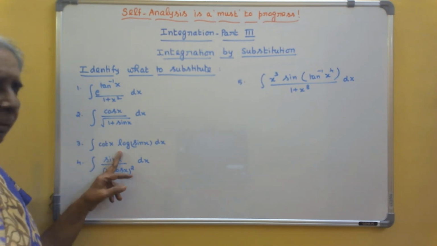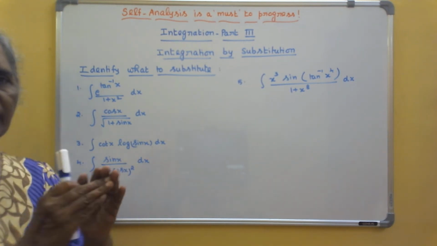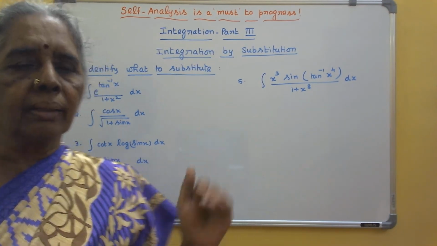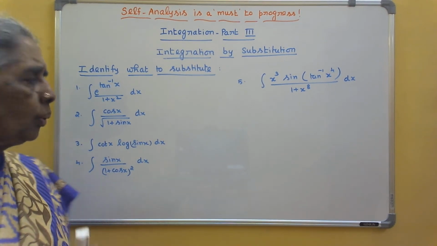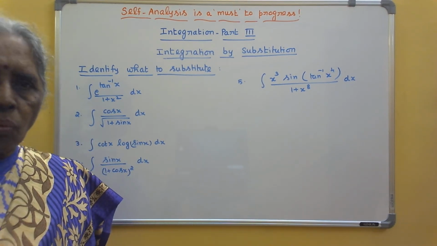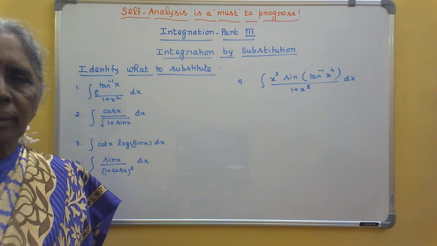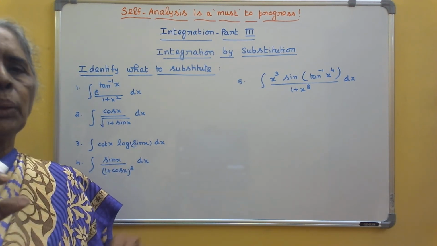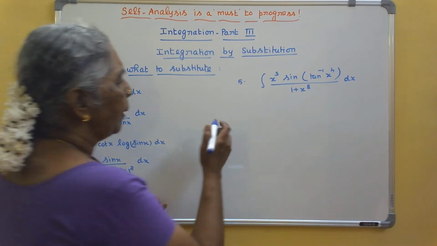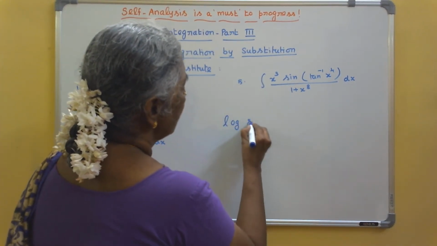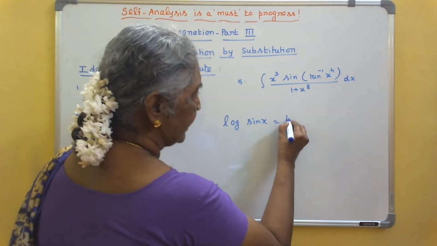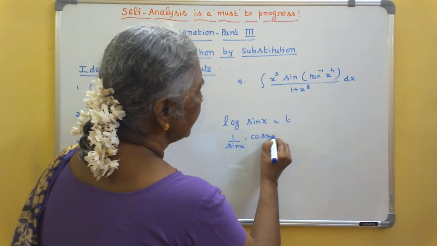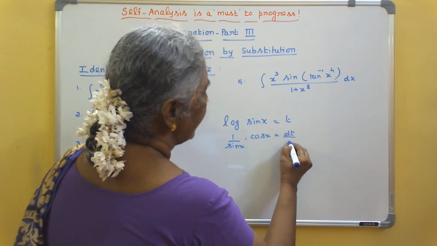Coming to the third one, cot x, log of sin x. Within log, you have sin x. So if you substitute sin x alone, you don't have a cos x here. So here I am not going to substitute that. I will substitute the whole term. Log sin x is equal to t. What will happen when you differentiate? When you substitute log sin x as t, 1 by sin x into cos x will be dt by dx.